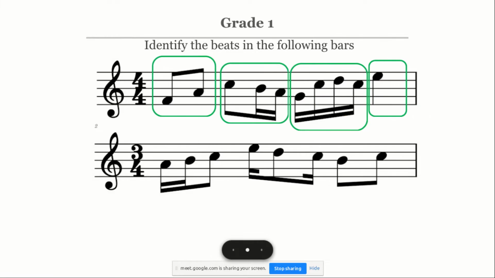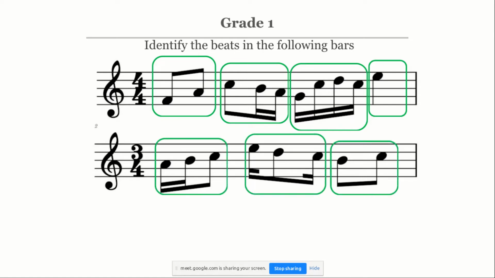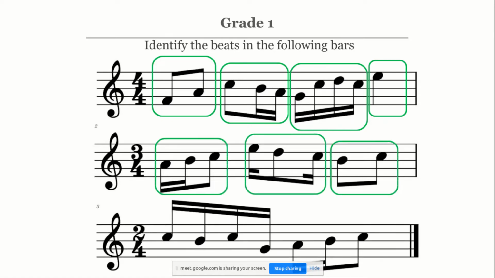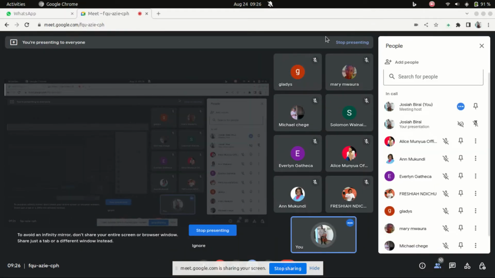So Evelyn, now I want you to try this and tell me how many beats you can see. Now that you have seen how we group the beats. Evelyn, try again on this one. How many beats can you identify? 3. Perfect. That is the first beat, then the second beat, and the third beat. Thank you. And then I want someone else to try and tell me about this one.